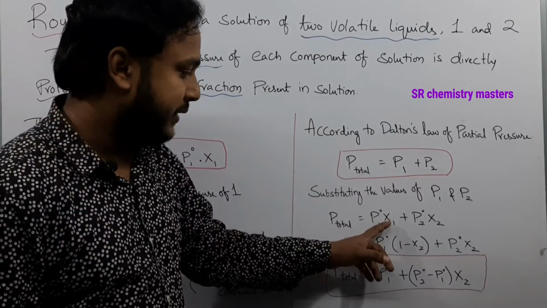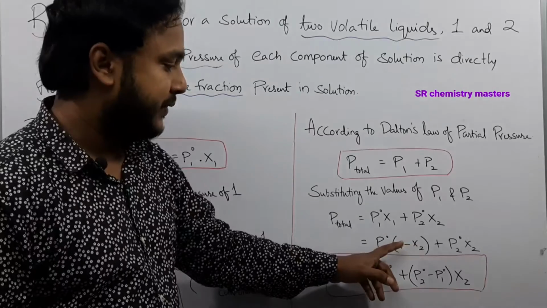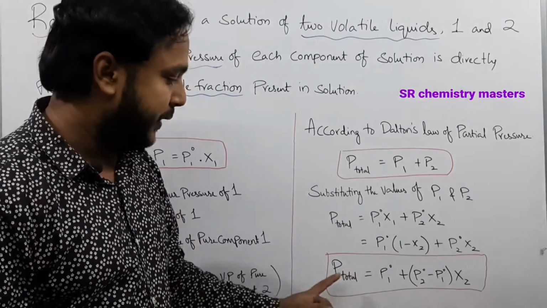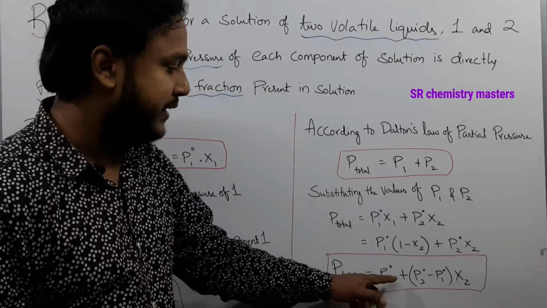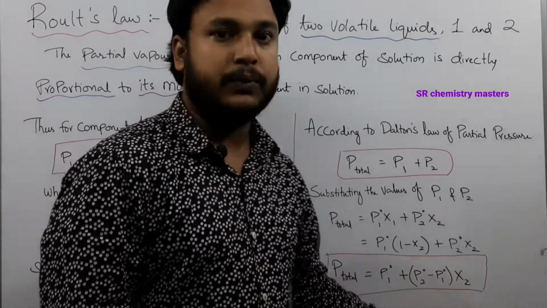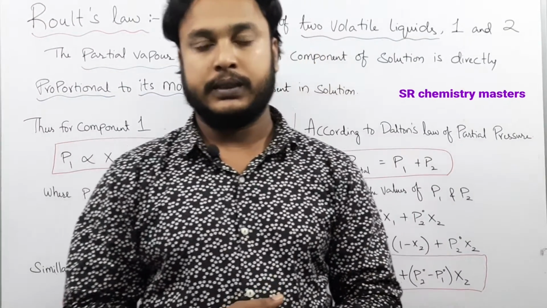In place of X1 we substitute 1 minus X2. When we substitute this and simplify the equation, we get P total is equal to P1 naught plus P2 naught minus P1 naught into X2. This is how you can calculate the total pressure of the solution.